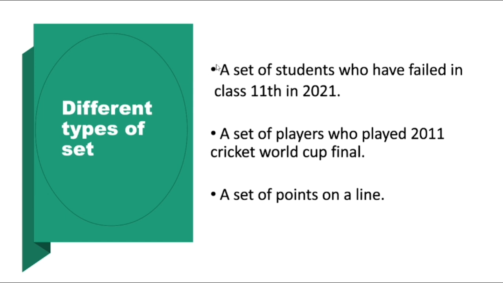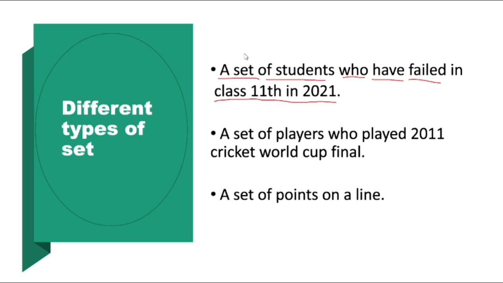In the first example, there is a set of students. The elements are the students who have failed the class 11 examination in 2021. Let us analyze this example. In 2021, the government promoted all the 11th class students, so no student of 11th class has failed.